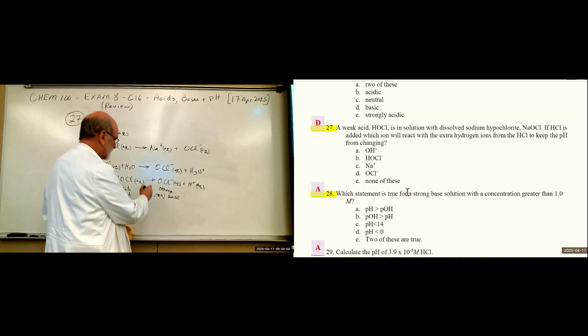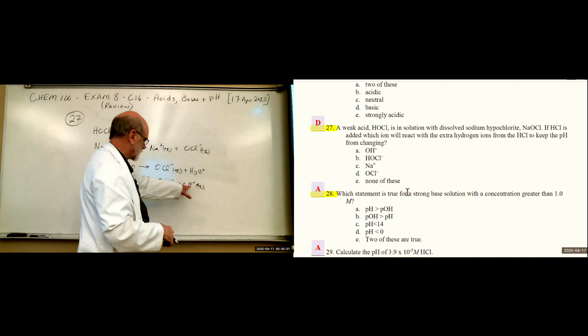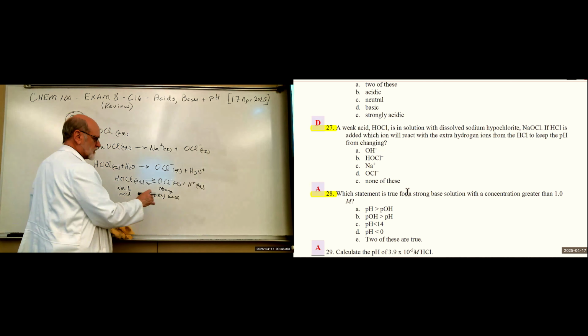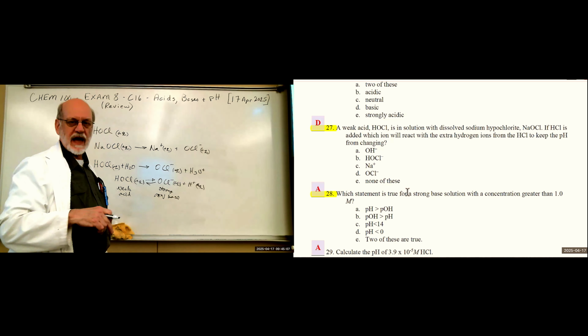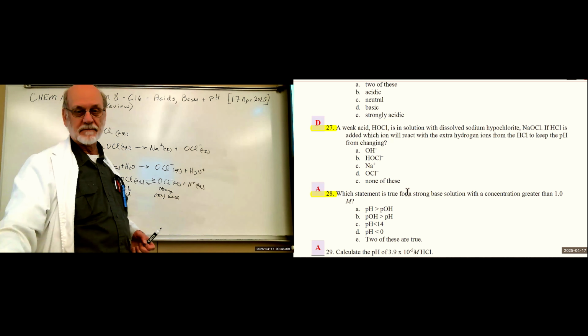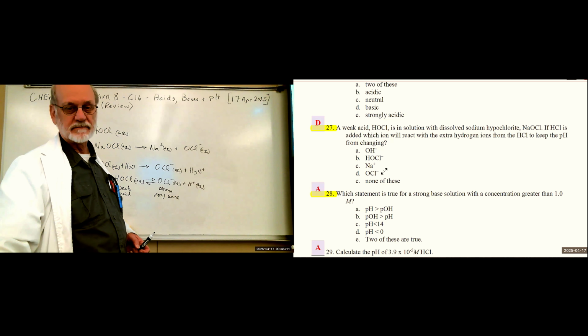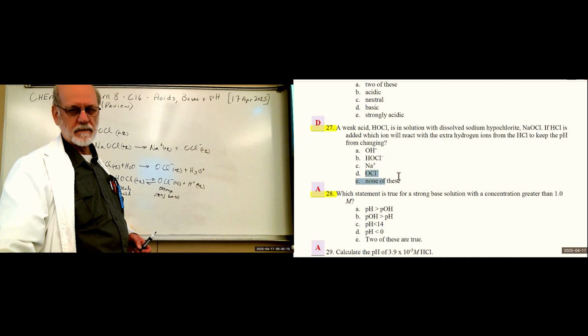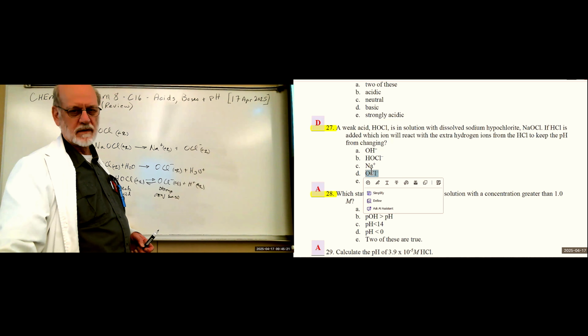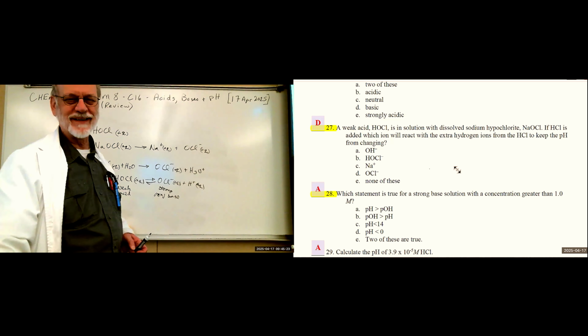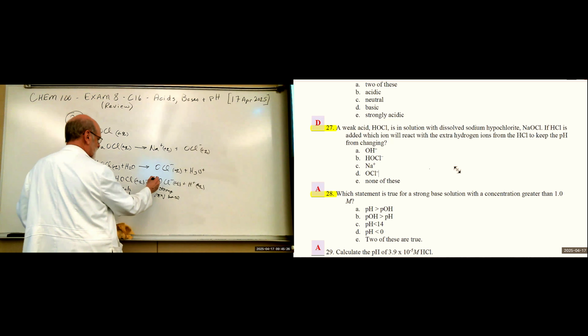According to Le Chatelier, it forces the reaction back this way. So the hydrogen ions are going to be picked up by the hypochlorite ion, and that's D. Picked up by this one right here.